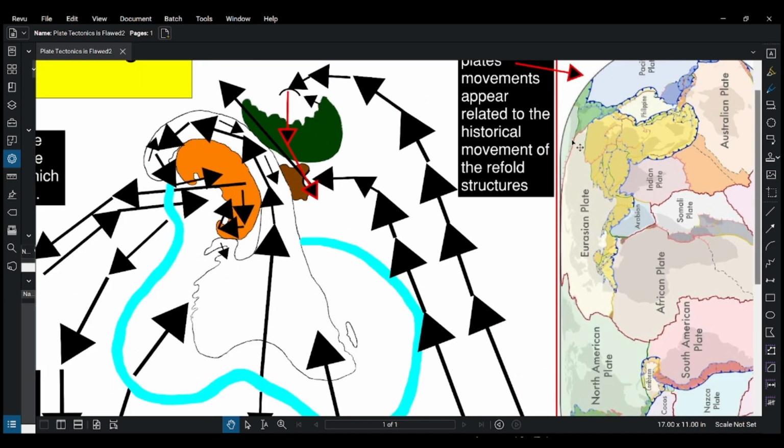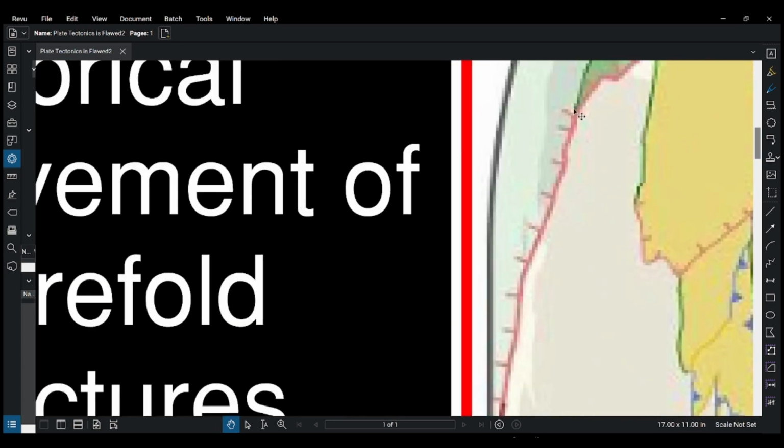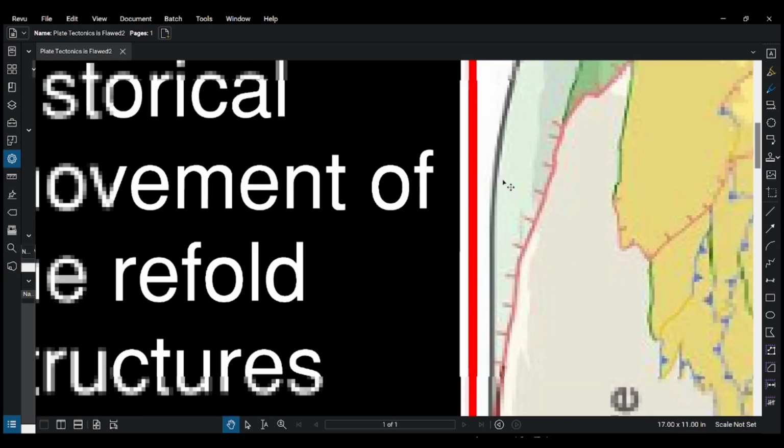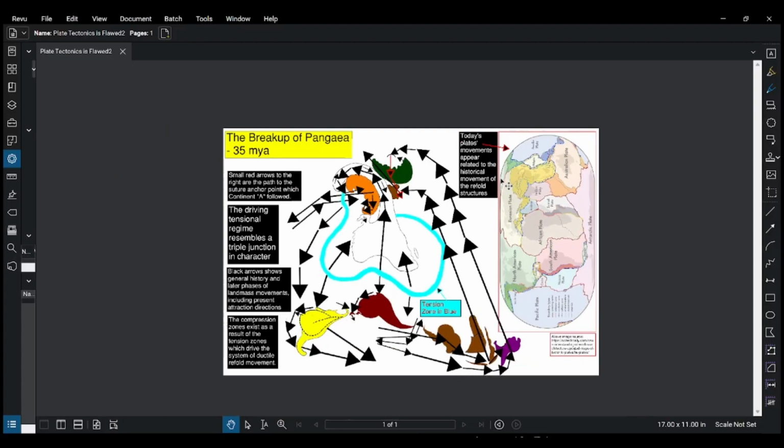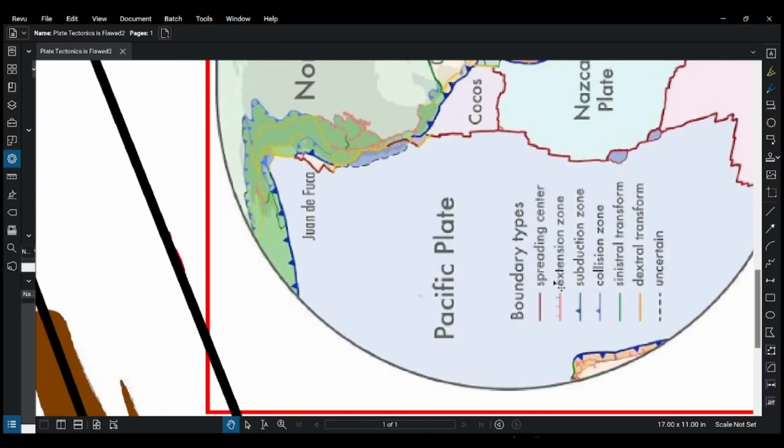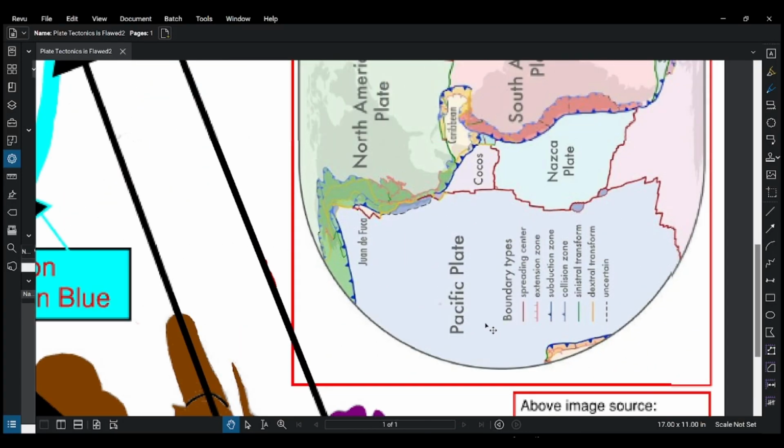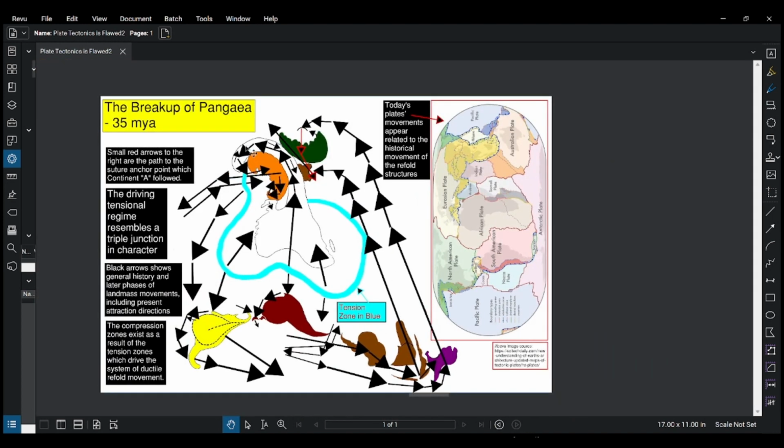And if you look, that would be right over here. This red line right here. So what is that red line? It's just one of many examples. That's an extension zone, because as that arm went back, there's a tearing or a pulling here. That's why it's an extension zone. Just an example of more support by the geologic literature.